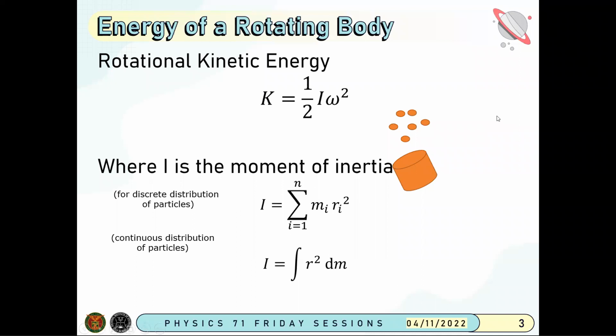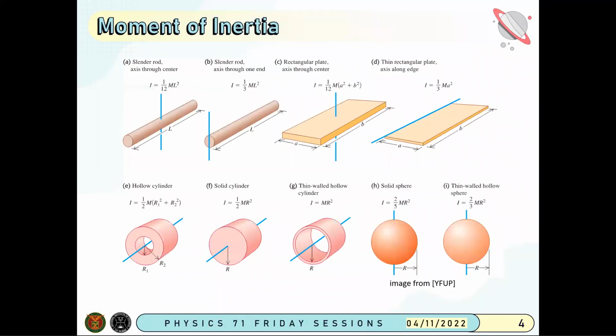However, we are given equations for simple geometric shapes, or 3D geometric shapes. I will not discuss how these were derived, but they are in Young and Freedman or University Physics.